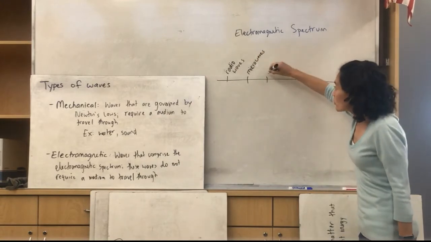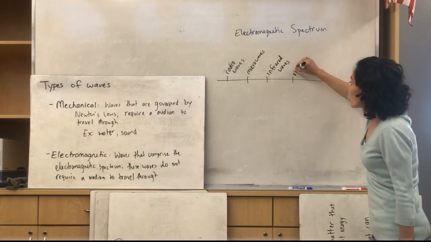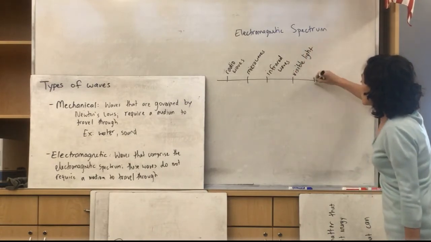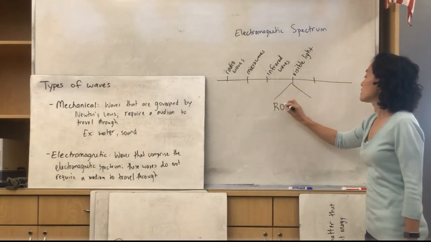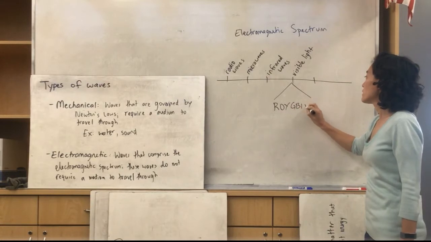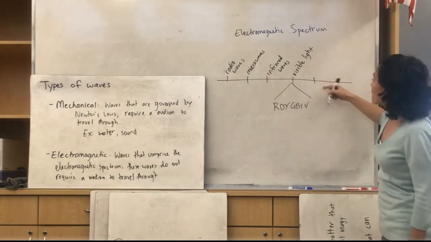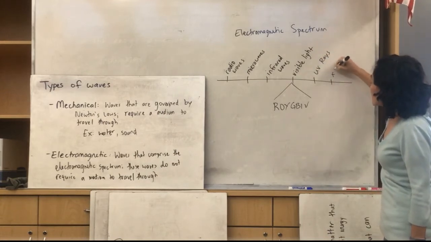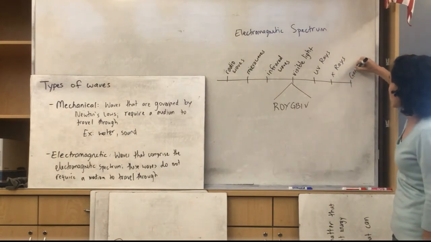We have infrared waves. We have good old visible light. Within visible light is ROY G. BIV. This is the color spectrum that we are used to seeing everything in. After visible light, we have UV rays. Then we have X-rays. And then we have gamma rays.